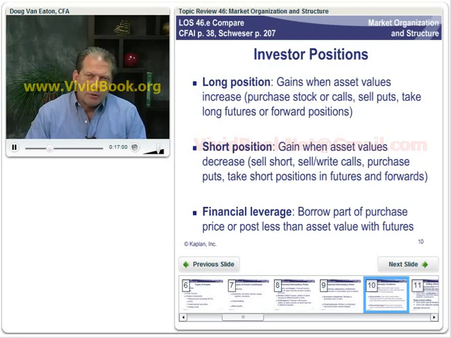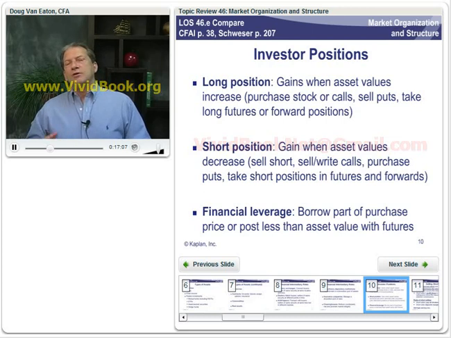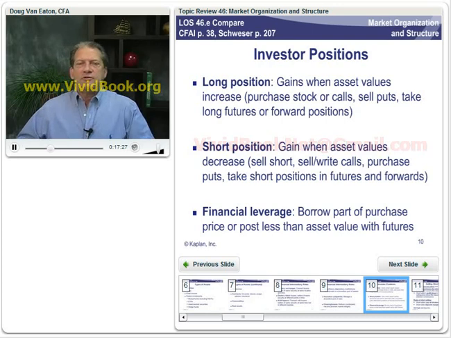We post a margin, a deposit with futures contracts that just covers a few days of potential losses, and if the position goes against us and we have losses, then we need to put more money in. But the idea is you're putting up only a fraction of the whole contract value of 500 ounces of gold or so much interest in the S&P 500 index or whatever that futures contract covers.